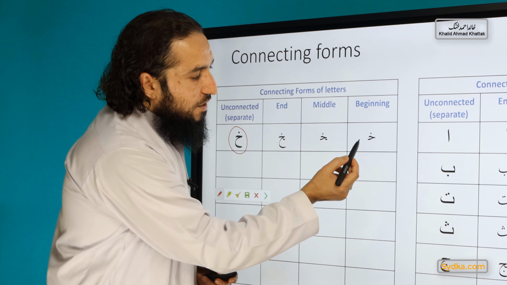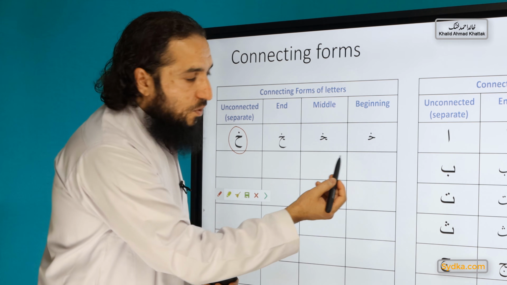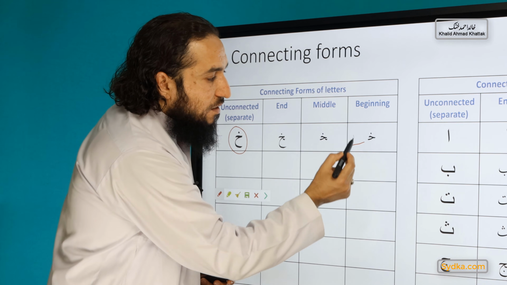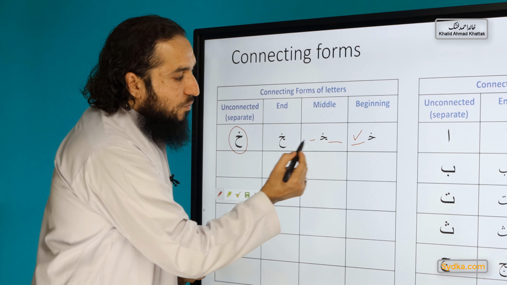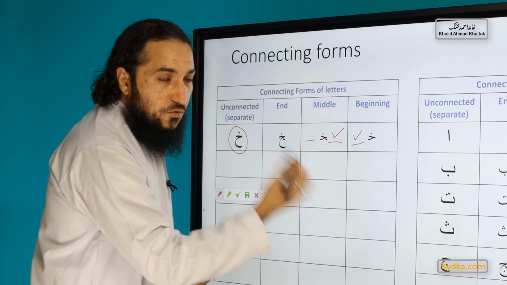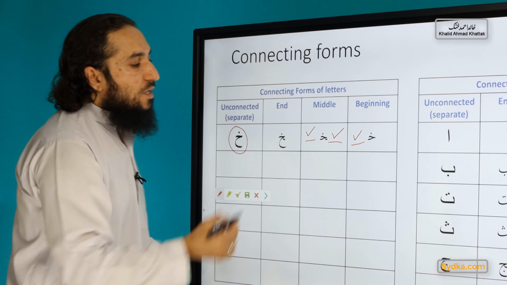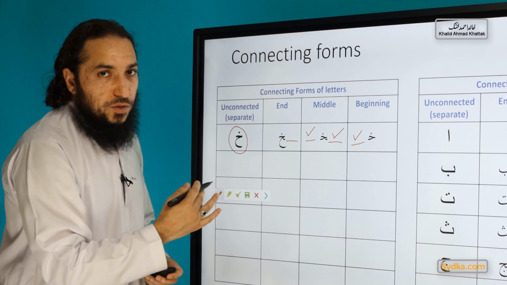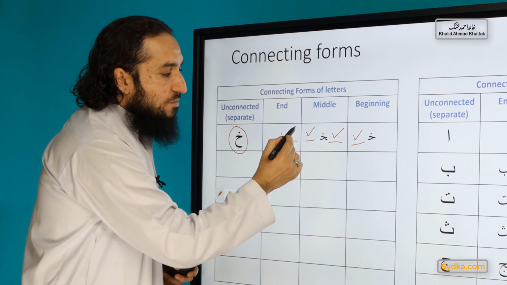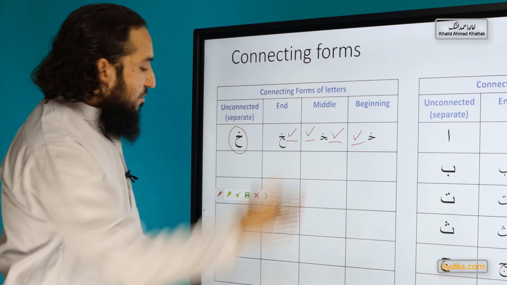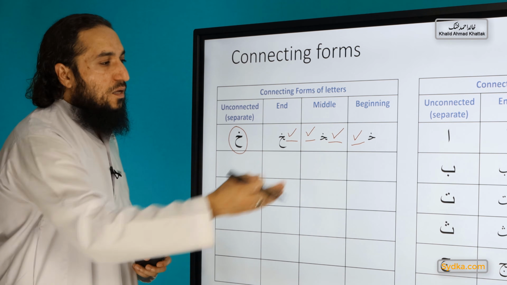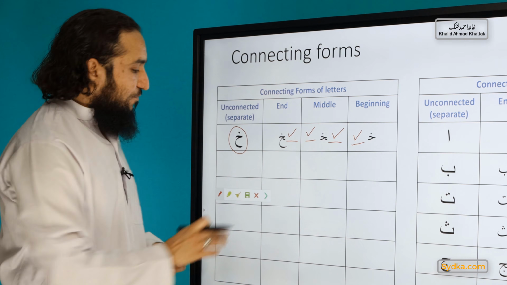If it's written in the beginning of a word, you can connect other letters after it. If it comes in the middle of the word, you can connect letters before it or after it. If it comes at the end of a word, you can connect letters before it. That's why it's called a connector, because you can connect from both sides in the middle, and from this side in the beginning.